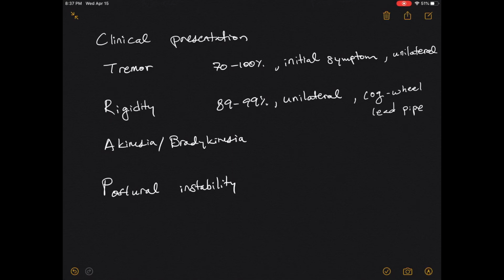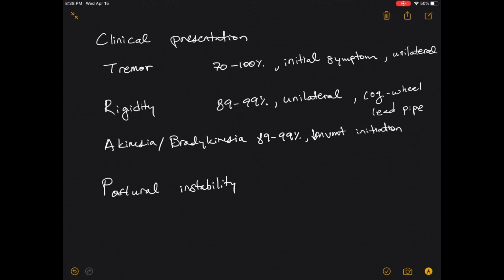Akinesia and bradykinesia mean that individuals will experience either a lack of movement or slow movement. You will see this in around 89 to 99%. Basically, they're going to have difficulty with movement initiation.